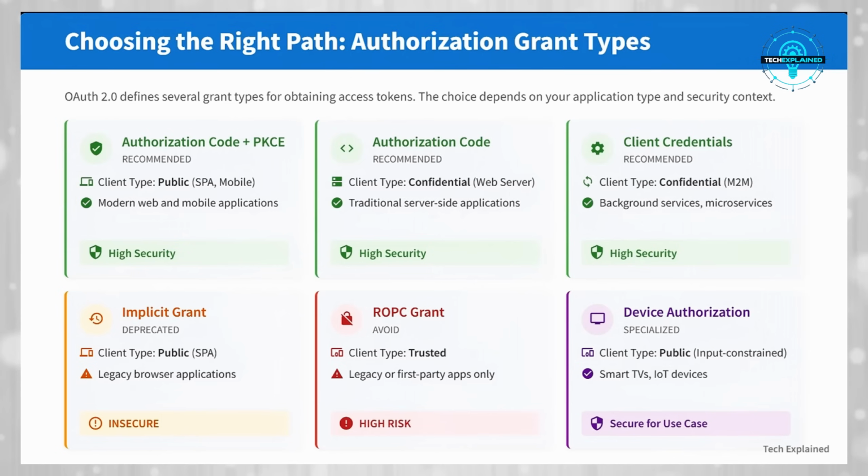It's important to understand that the portfolio of grant types isn't a menu of equal choices. Instead, it's more like an evolutionary record of the framework adapting to diverse and changing application architectures, each with unique constraints. The most important question to ask when choosing a grant type is, can my client application securely store a secret?